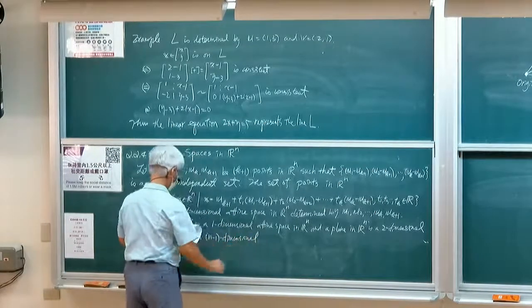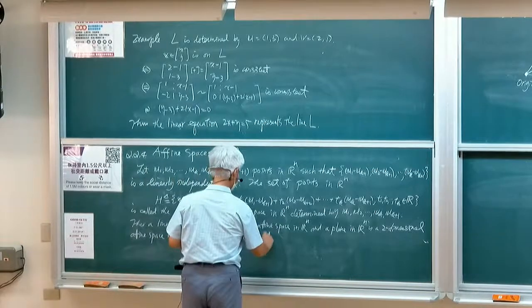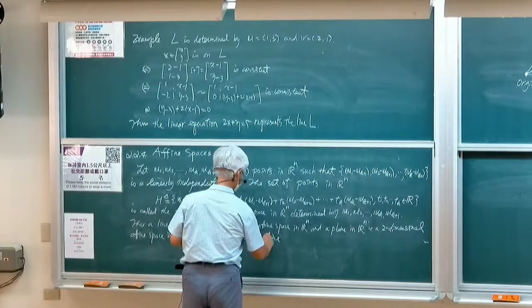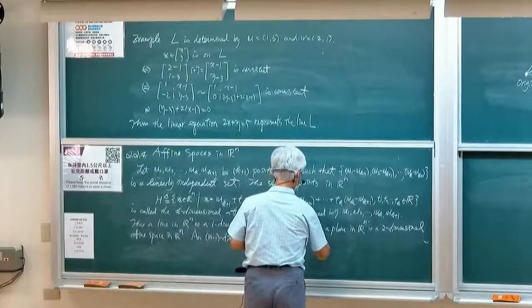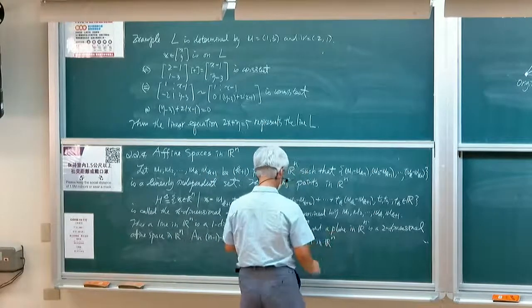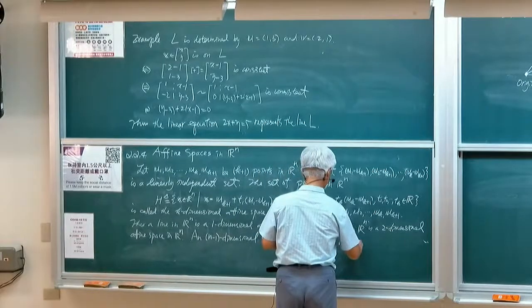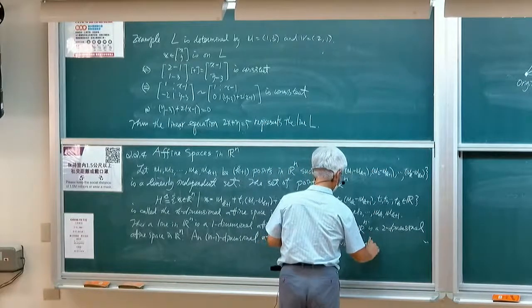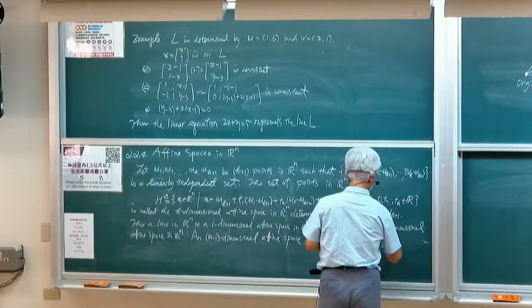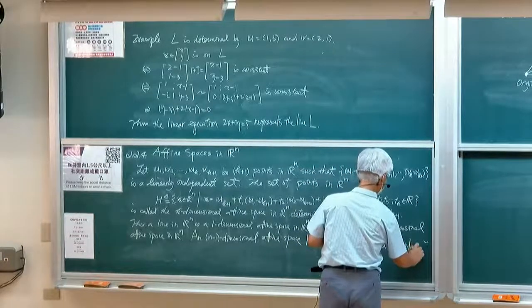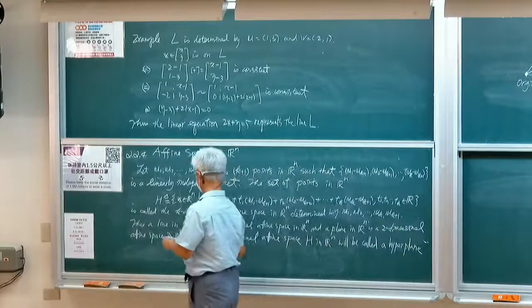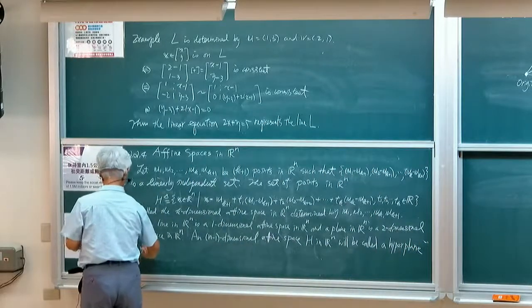An n-1 dimensional affine space H in R^n will be called a hyperplane in R^n.